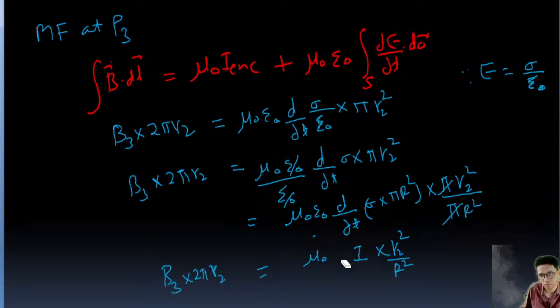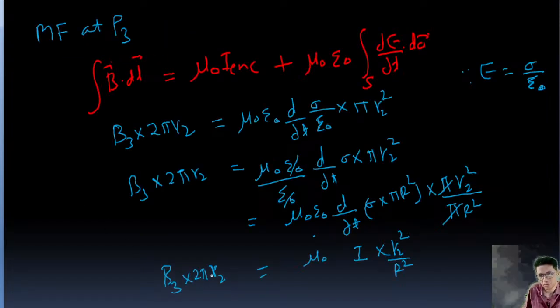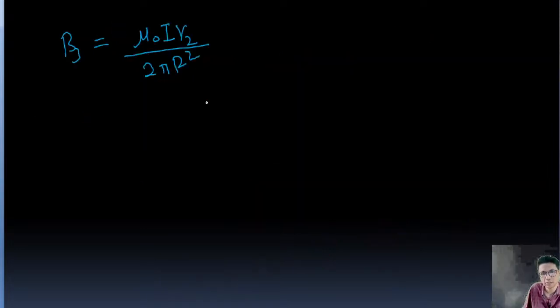So mu 0 I r2 upon 2 pi r square. Okay, so this is the value of B3.